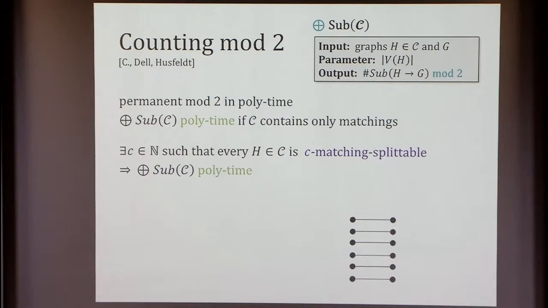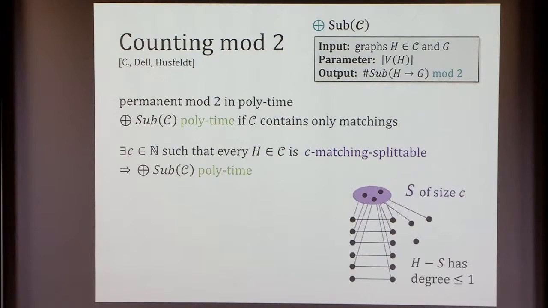A graph is C matching splittable if you have some defect set of size C, where C is a constant, such that if you remove this set, you end up with a matching. In this setting, a matching is a graph that has degree at most 1. So in other words, if you just take a matching, and we know that matchings are easy, then adding a constant size set won't make it harder.